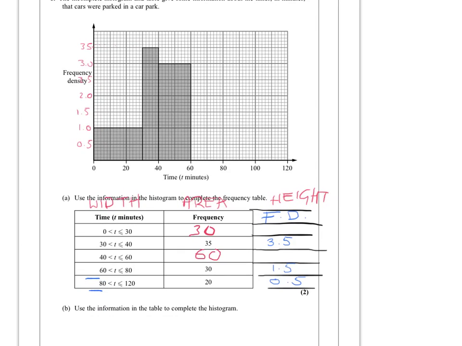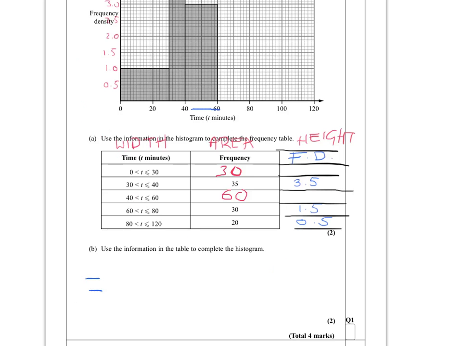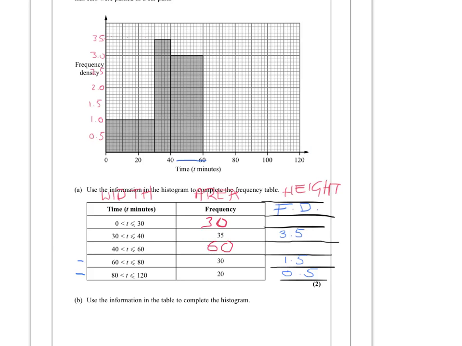We already have pretty much everything we need in place. We know that the width of this bar has to be 20, and we've already worked out that the height of the bar has to be 1.5. Now we just need to draw it. Okay, the recording's messed up slightly, so I now have a blue line there that I can't get rid of.